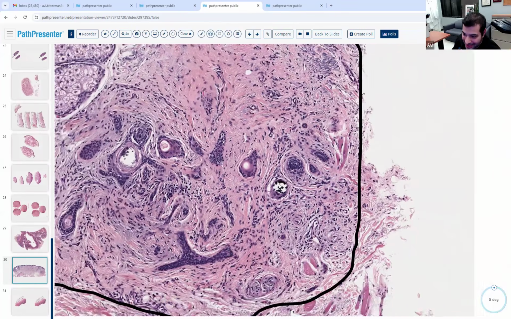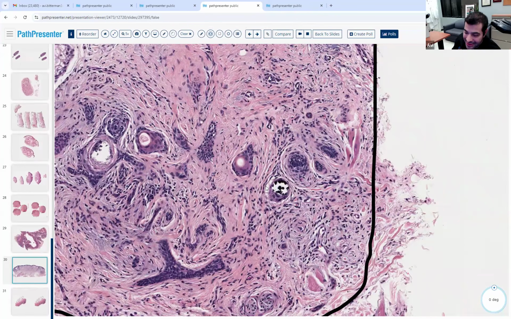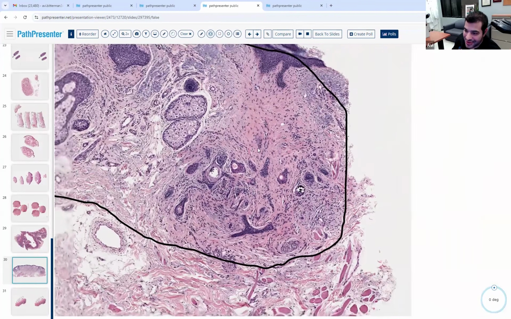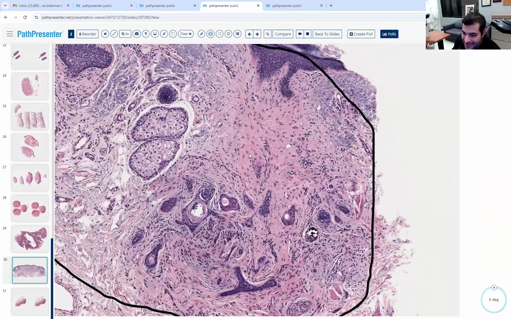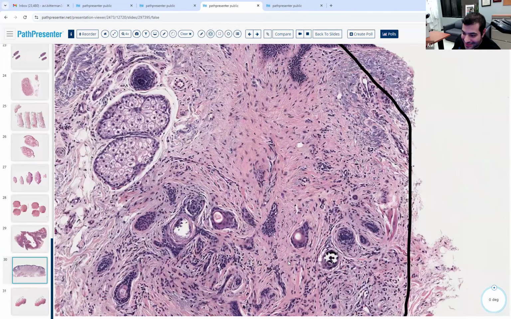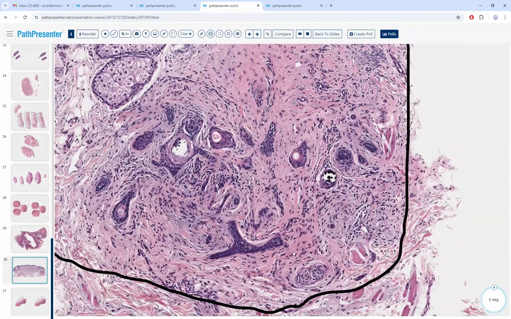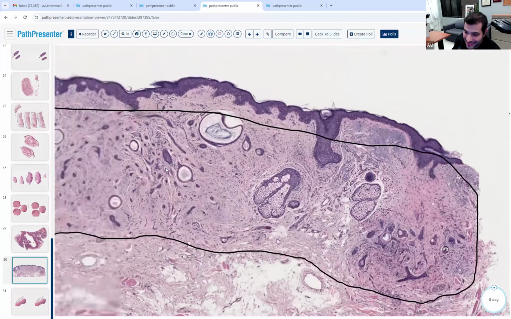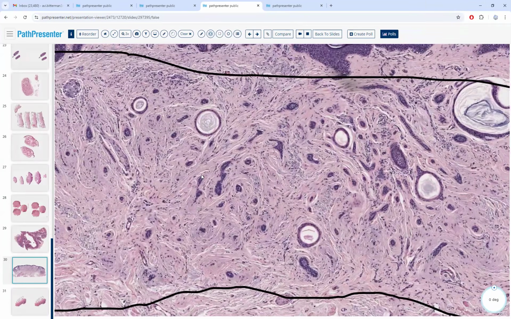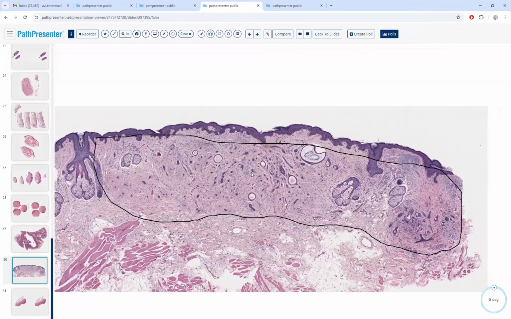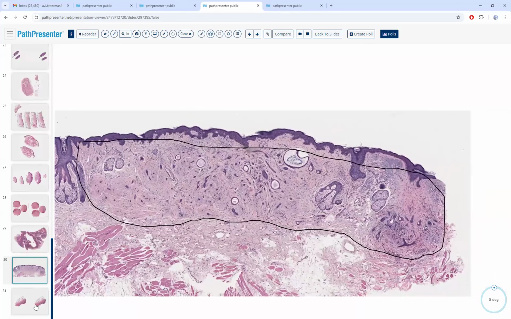Calcification. Okay, good. So there are areas of calcification, and how's your stroma? Fibrous. Yeah, quite fibrous. You might even say desmoplastic. So what's your diagnosis? Desmoplastic trichoepithelioma.